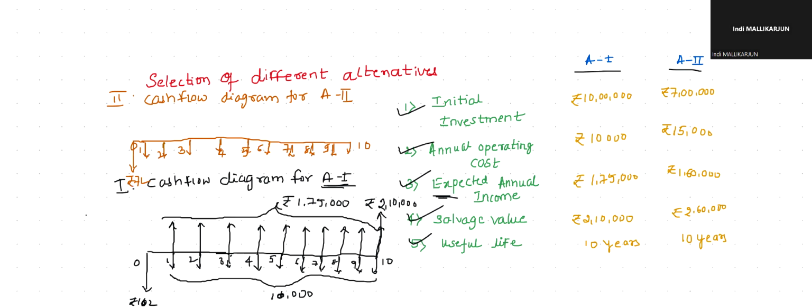This outgoing is 15,000. Meanwhile, it has income also.